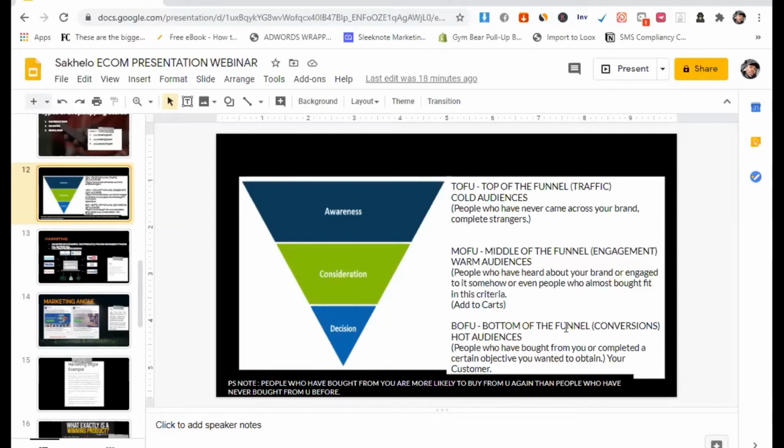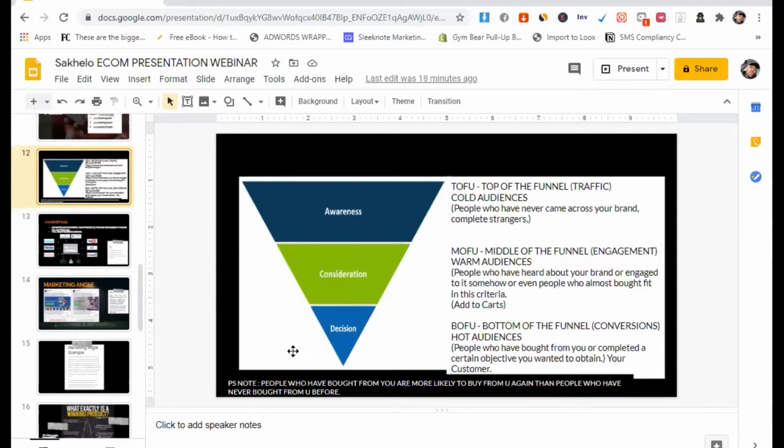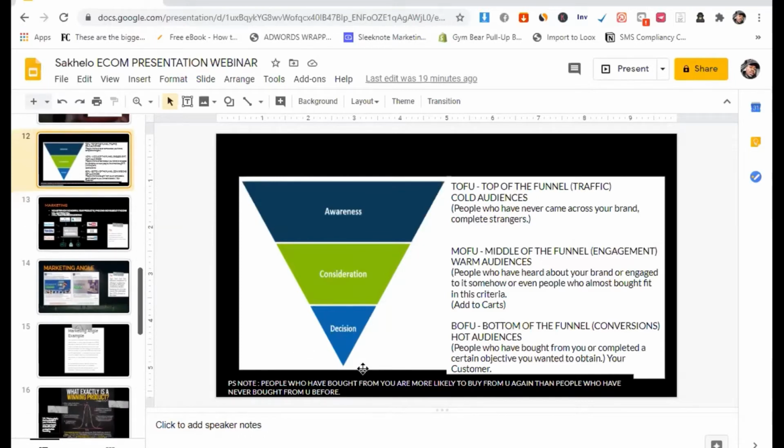Then if we move a little bit downwards, where you can see it's written consideration, this is the middle of the funnel. This is warm audiences. Warm audiences is people that are kind of thinking of buying. They're a little iffy about buying. They're thinking of it, but they're not sure. Or maybe people that added to cart, that almost bought but didn't buy.